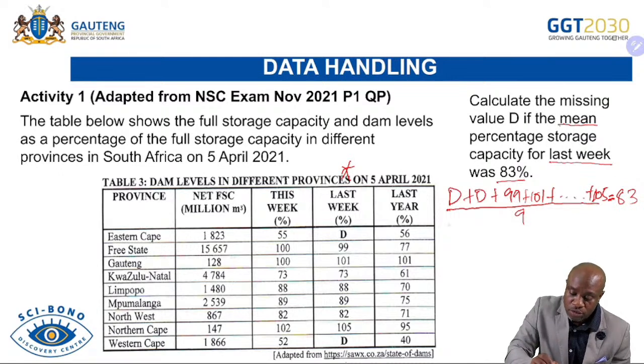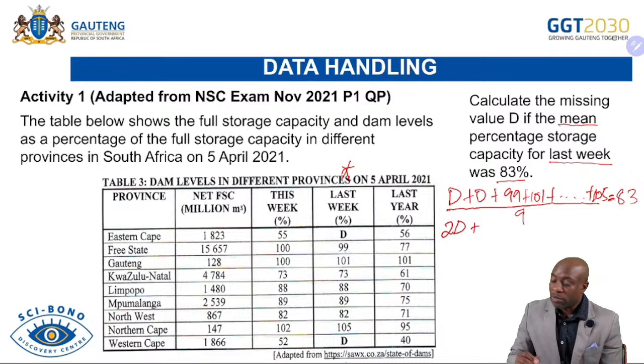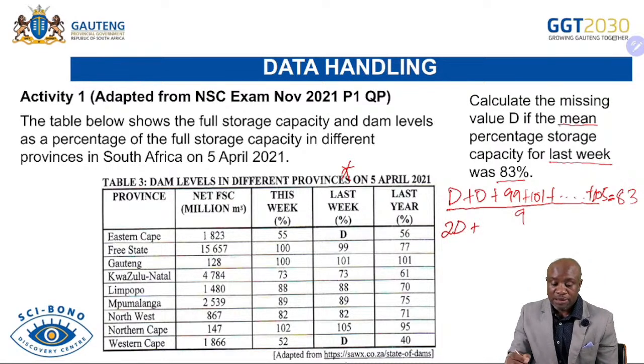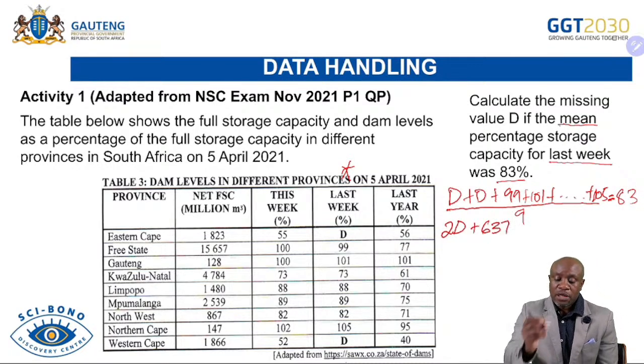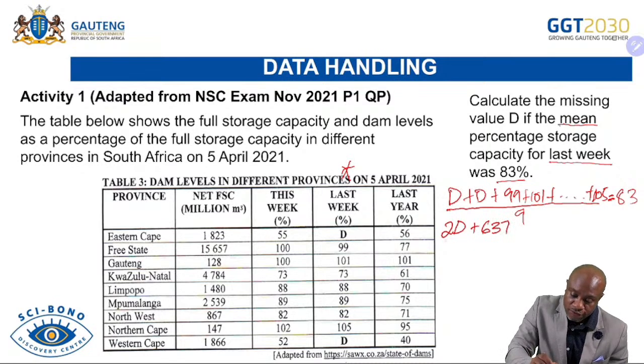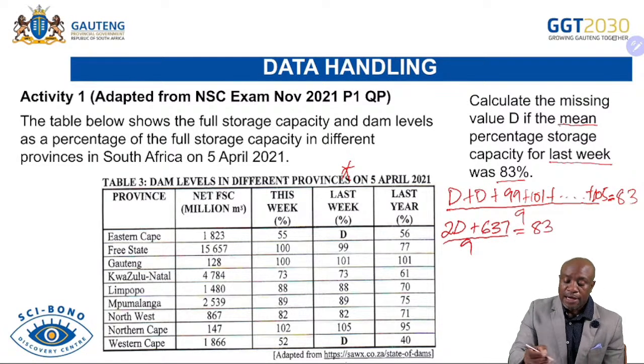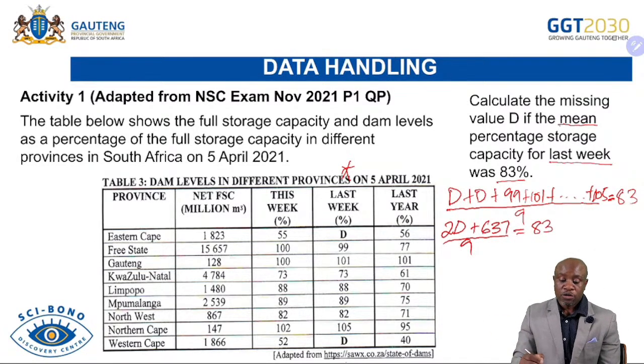But you know, D plus D is 2D, right? And plus, if I add all those numbers, I hope you did add them, you get 637. Now, like we did in the previous question, we'll divide this by 9 equals to 83. Now, we want this 9 over to the other side.